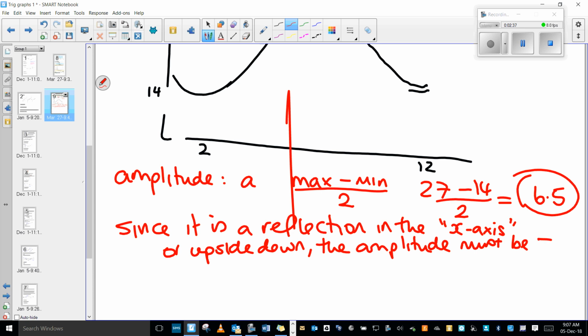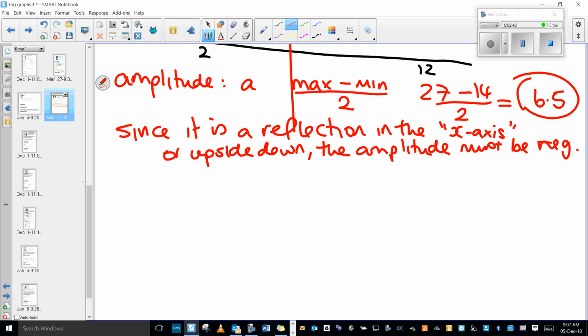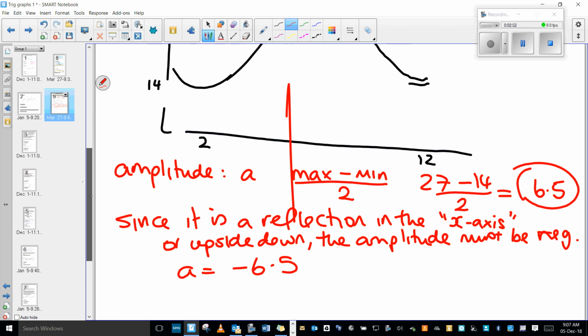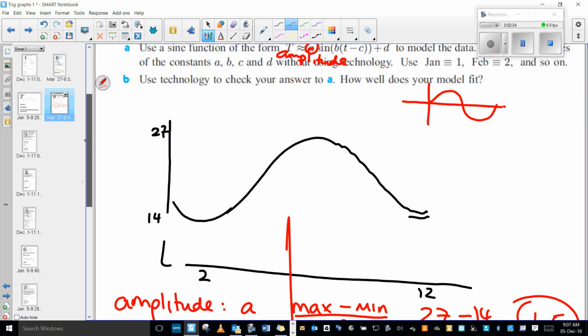So A is actually negative 6.5. Yeah, we're all happy with that? Alright, the next thing we have to do is find the other values.